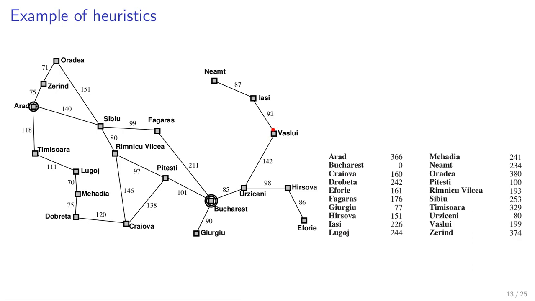You can go to Vaslui or Neamț, and you're looking at this table because that's your h and that's your heuristic. So Neamț will have 234, and Vaslui will have 199. So Vaslui would have a lower h.